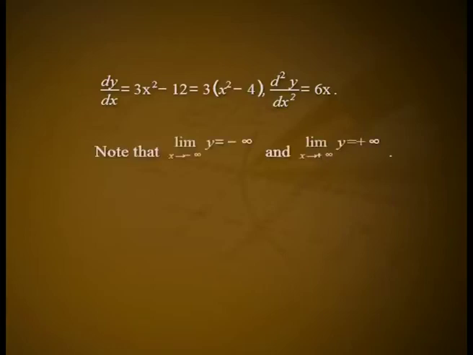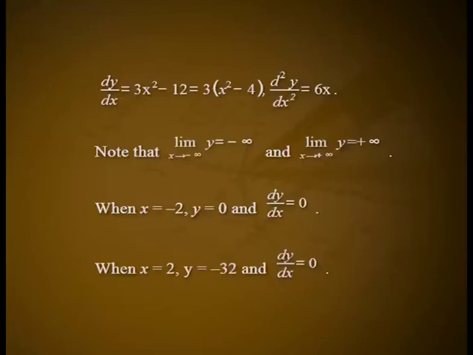Fifth, note that limit of y as x tends to minus infinity is minus infinity, and limit of y as x tends to infinity is plus infinity. When x equals minus 2, y equals 0 and dy by dx equals 0. When x equals 2, y equals minus 32 and dy by dx equals 0.